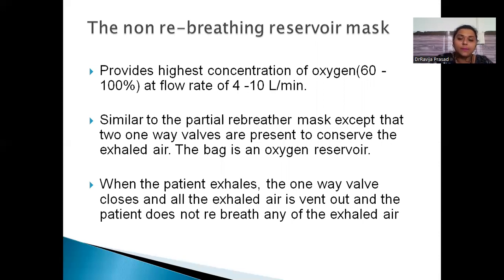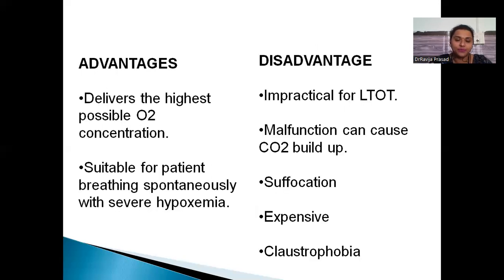It is similar to the partial rebreathing mask, except that two one-way valves are present to conserve the exhaled air. The bag is an oxygen reservoir. When the patient exhales, the one-way valve closes and all the exhaled air is vented out, and the patient does not rebreathe any of the exhaled air.